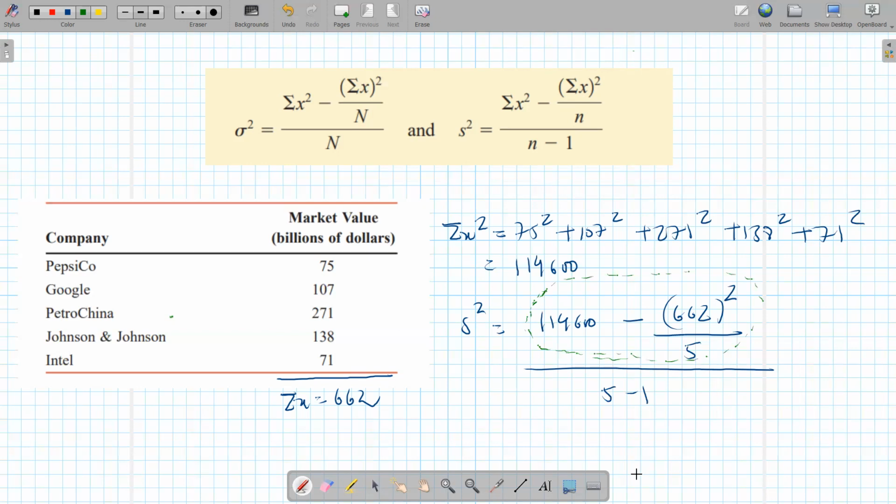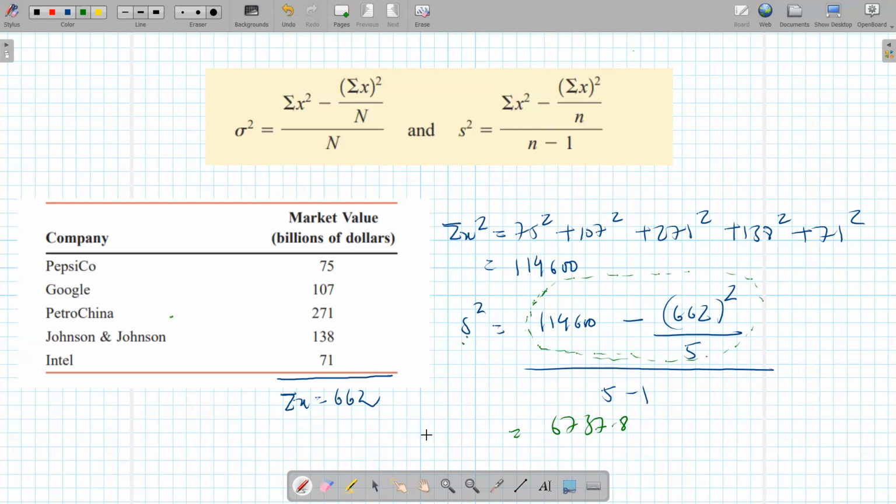I got 26,951.2 for the numerator. Now divide that by 4. 6,737.8. There we go. That is your sample variance.